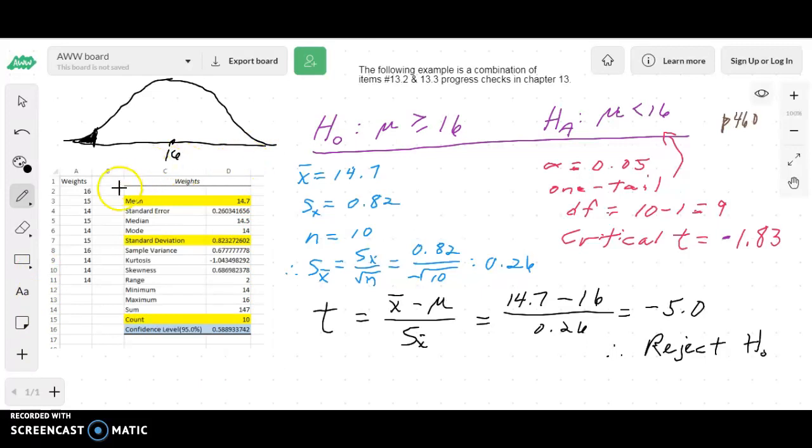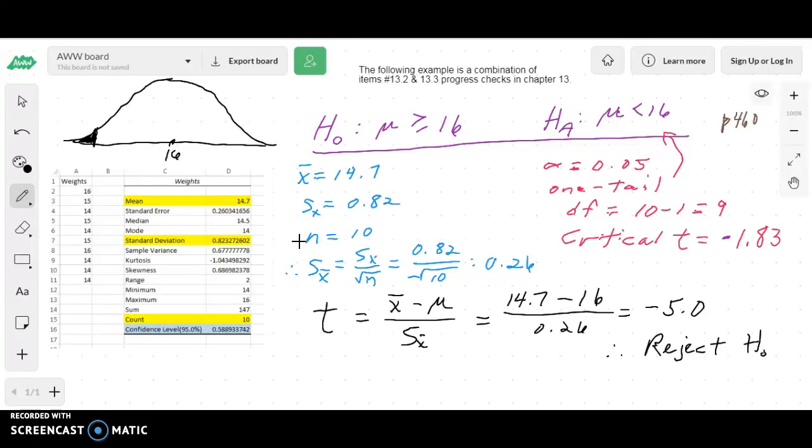Instead of doing this by hand, I put the 10 different samples in one column and used the Data Analysis ToolPak to find the descriptive statistics. It produced a mean of 14.7 and a standard deviation of 0.82, and we're going to use that as our sample standard deviation. The sample size was 10.